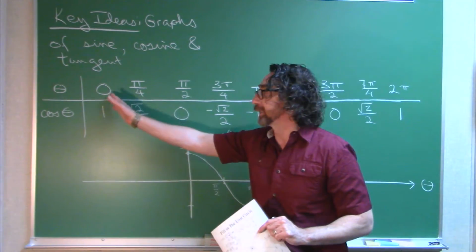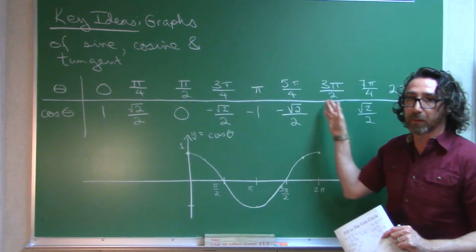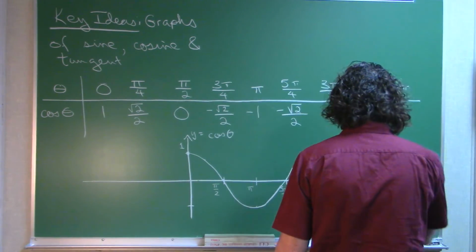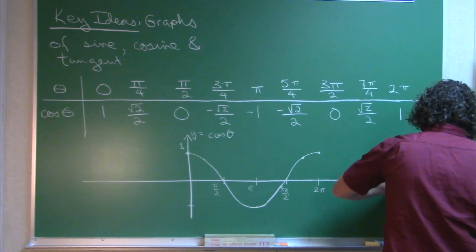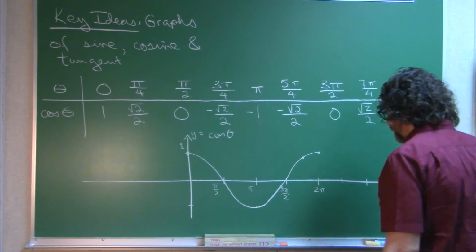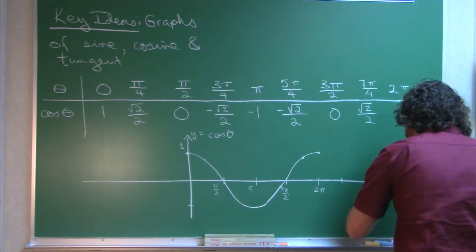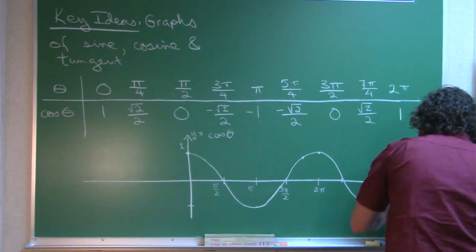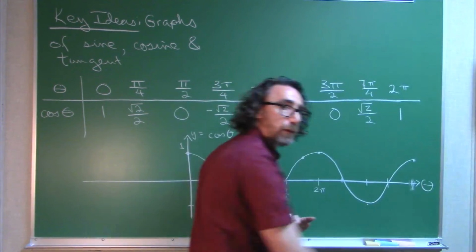So we're going to get a repeat of what we had right here, and so on down the line. If I were to continue this graph to the right, I would get another copy of what I had right here. That would just get repeated over here.